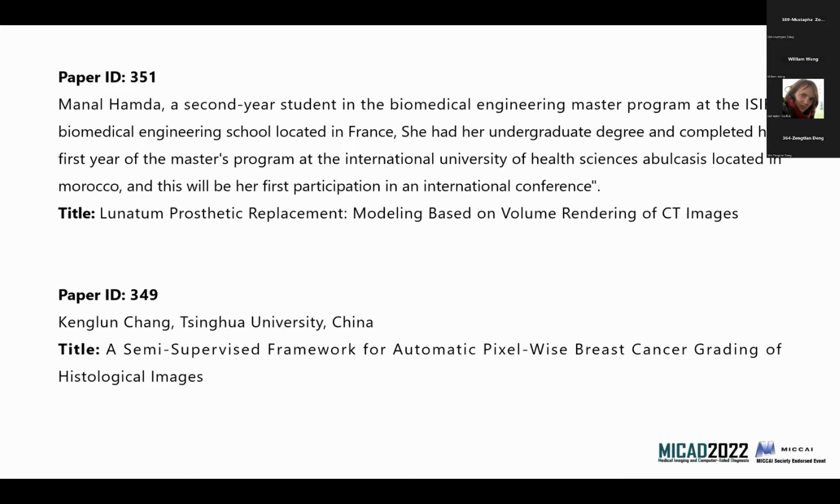She had her undergraduate degree and completed her first year of the master's program at the International University of Health Sciences, Abulcasis, located in Morocco. And this will be her first participation in an international conference. Today, she will present her paper titled Lunatum Prosthetic Replacement, Modeling Based on Volume Rendering of CT images. Welcome.